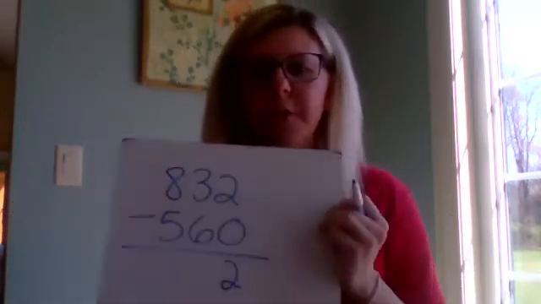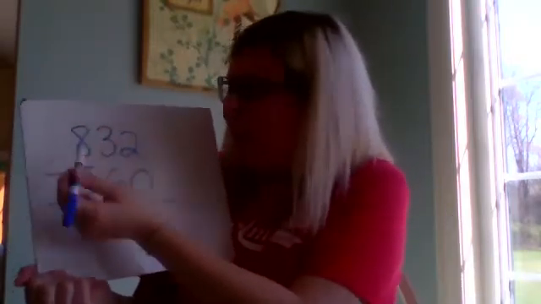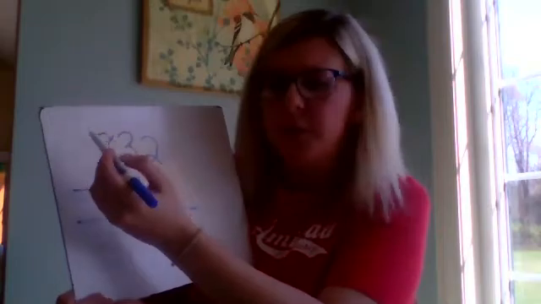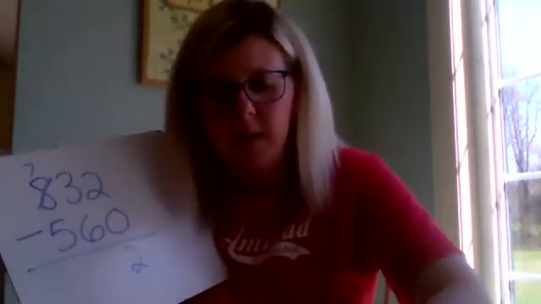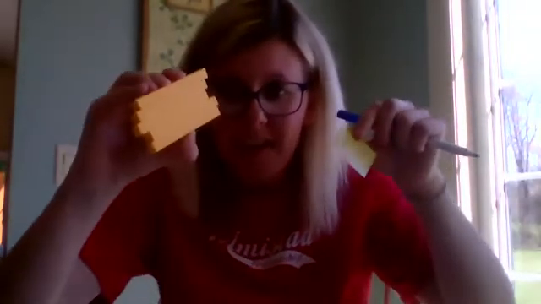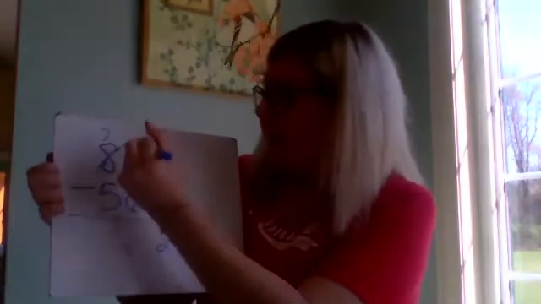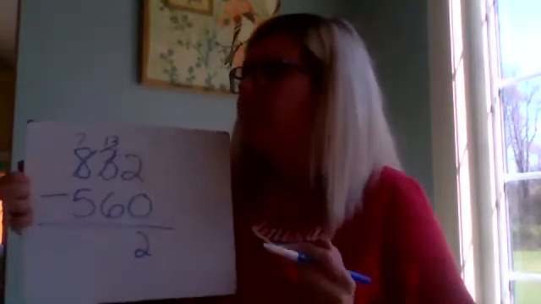Okay. So this 8 needs to go and turn into a 7 because I'm going to take 10 tens. Remember, I'm taking one of these and I'm asking myself if 10 of these is the same thing as one of these, right? Make sense? So that's going to turn this into a 13.